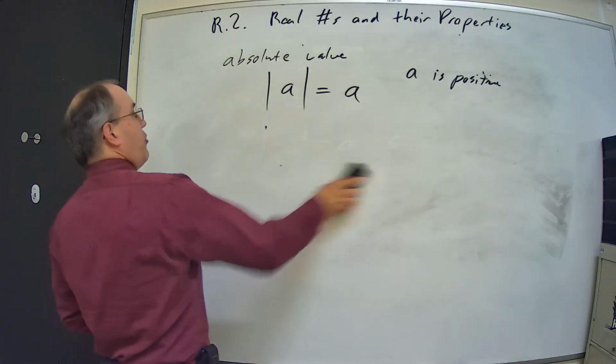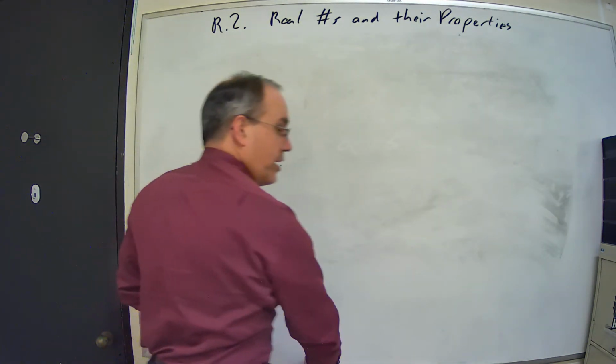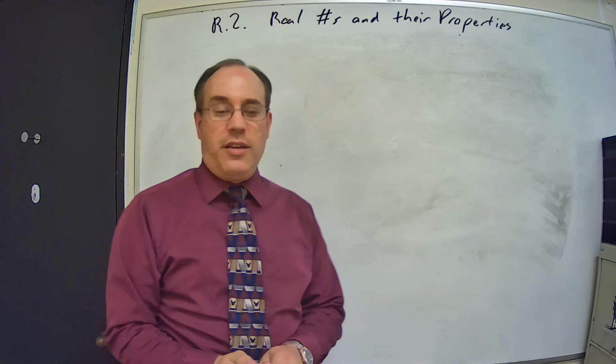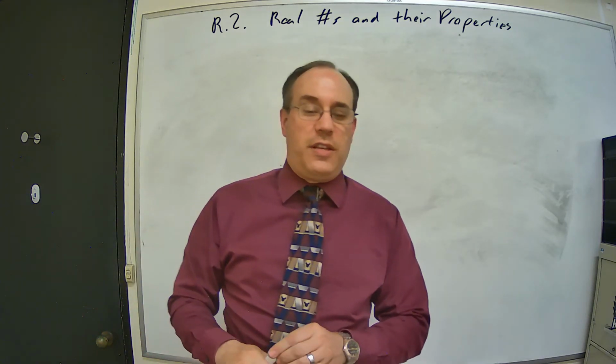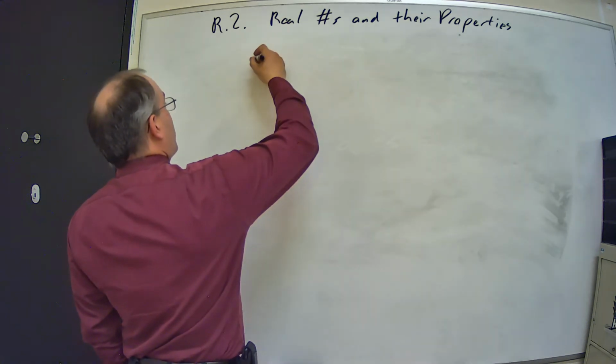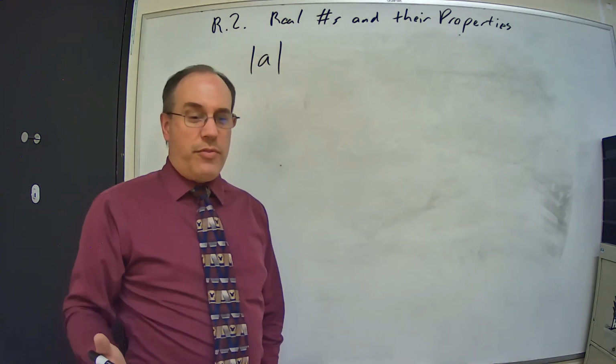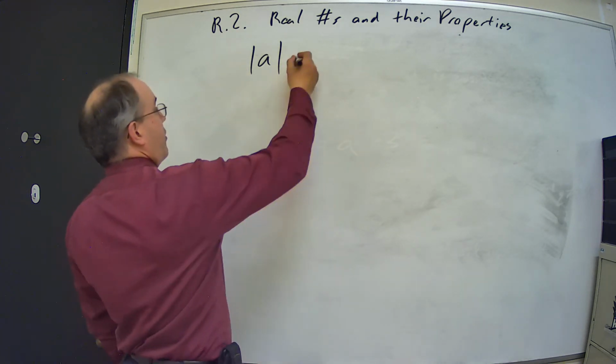Let's take this a little further though, and bring in these inequalities. Let's see what happens if I say the absolute value of A is greater than or equal to 0.